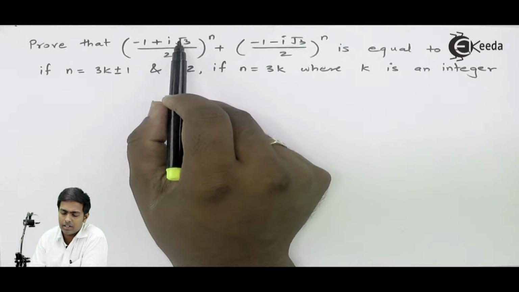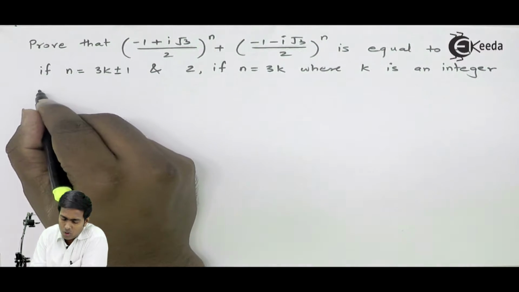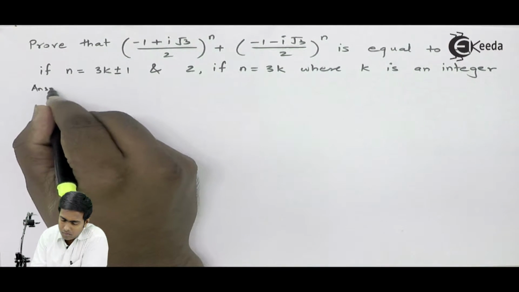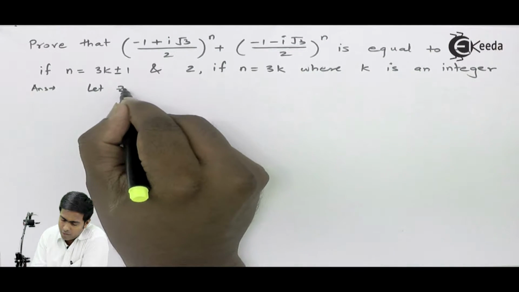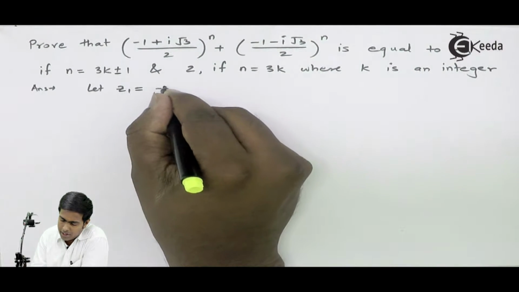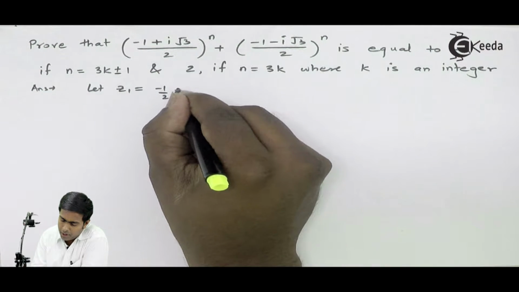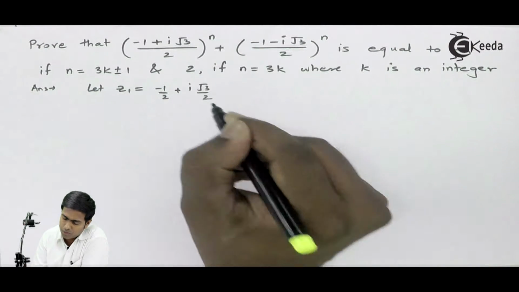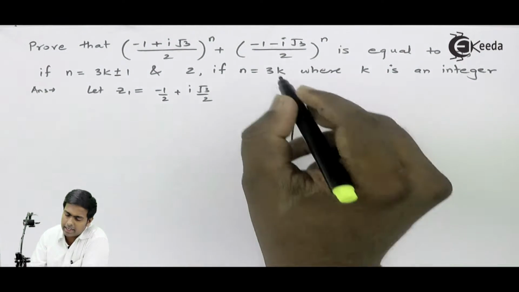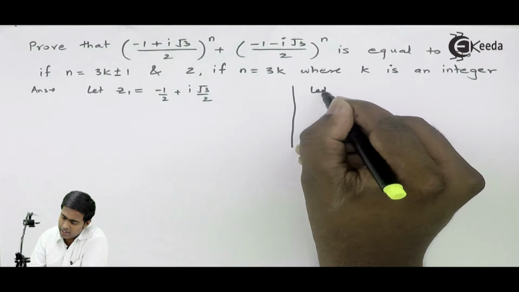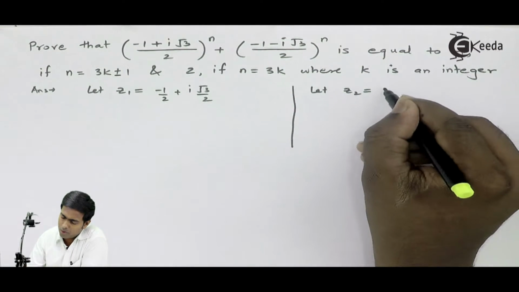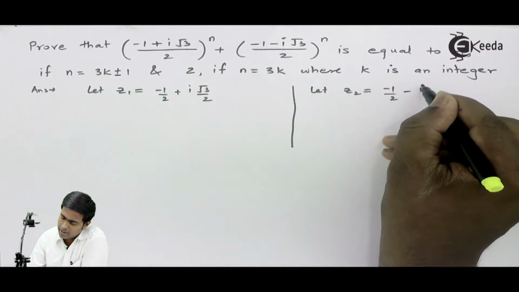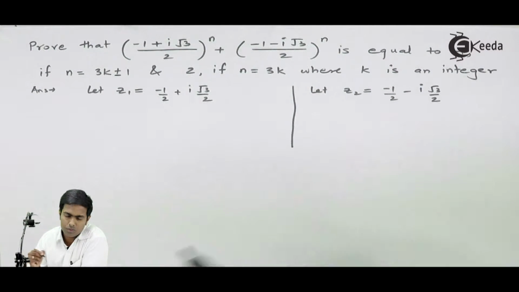So I am considering the first complex number. Let z1 be equal to -1/2 + i√3/2, and the second given number, let z2 be equal to -1/2 - i√3/2.